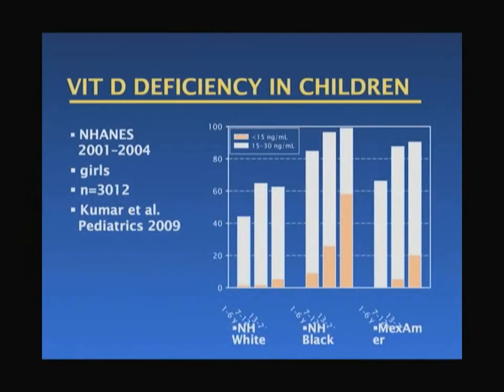Not 40, but below 30. Look, 98% of black teenage girls below a minimally acceptable level in the United States today. Not all that much better for Mexican Americans or for Caucasians. The younger children tend to do better, but still 40% is totally unacceptable.